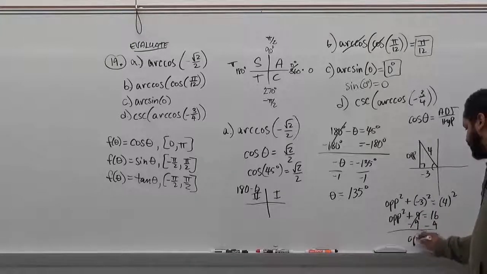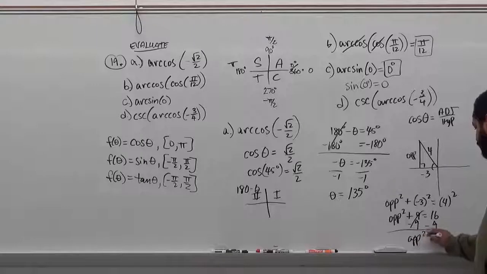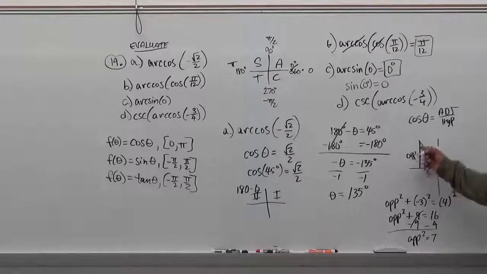We get the opposite squared is equivalent to 7. And then the opposite side becomes the square root of 7. It's usually plus or minus, but in this case we see the opposite side as a positive y value. So the opposite is radical 7.